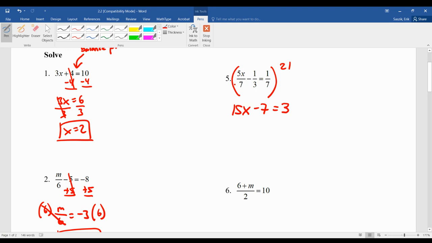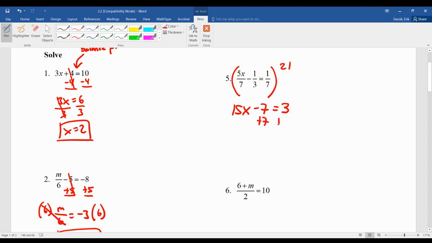So this messy equation with all the fractions is the same thing as this. We just changed how it looked. By multiplying everything by 21, we multiplied the left side and the right side both by 21. The equation's still balanced. And this is much easier to work with.